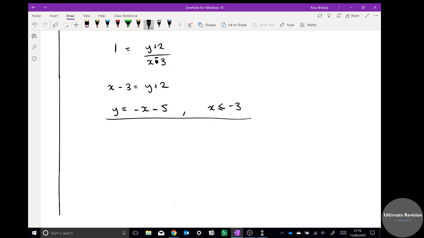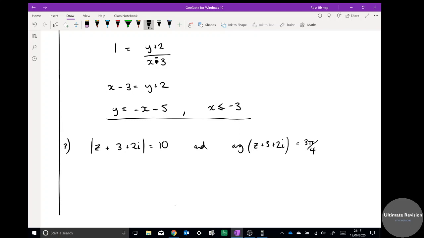Right, finally it says find the complex number that satisfies the equation modulus of z plus 3 plus 2i equals 10, and what we've just done, arg of z plus 3 plus 2i equals 3 pi over 4.